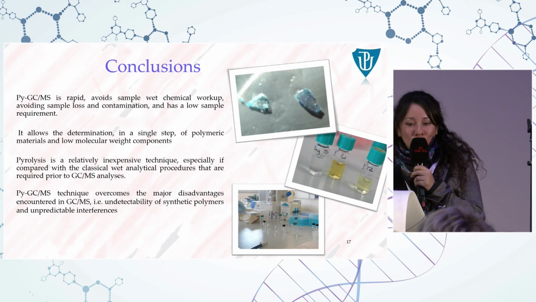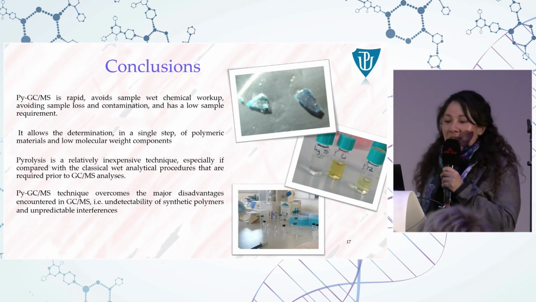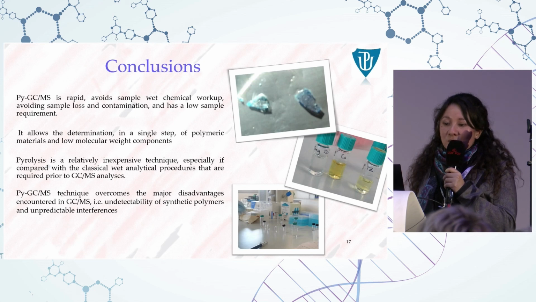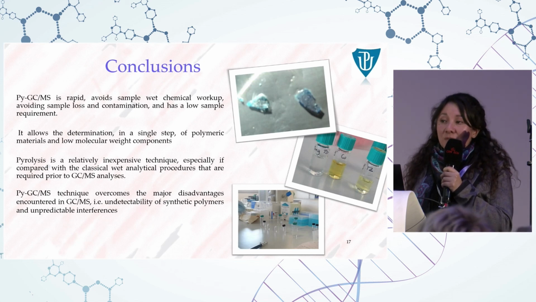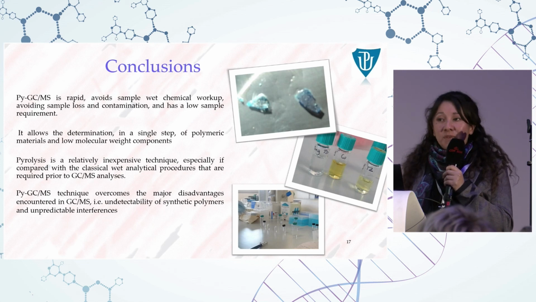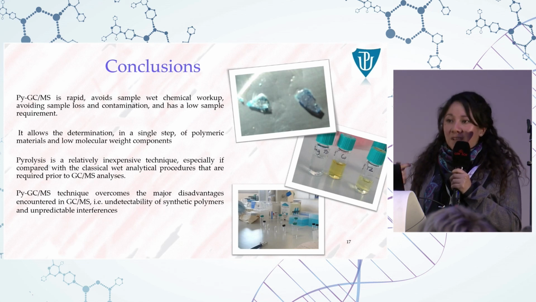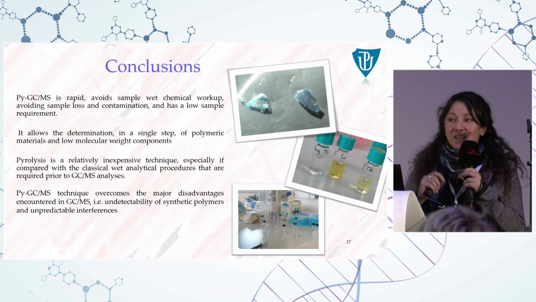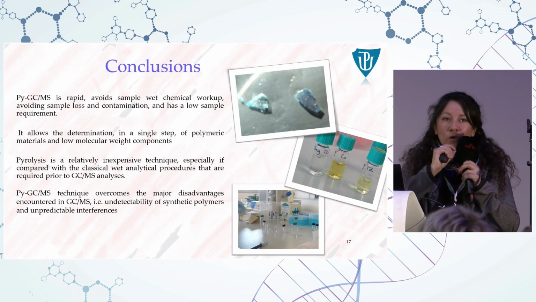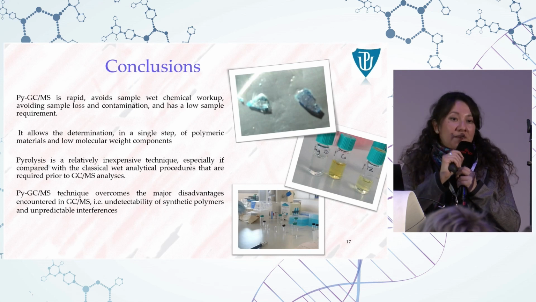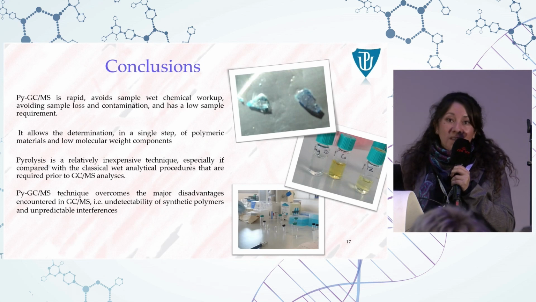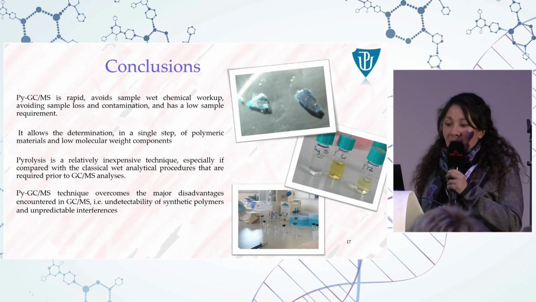So my conclusions would be that Py-GC/MS is a rapid, simple technique that allows us to analyze samples without wet working up, and this avoids potential contamination and potential loss of sample. It allows the determination in a single step of small molecules, like fatty acids, and of polymeric materials that can be the components of the resins.